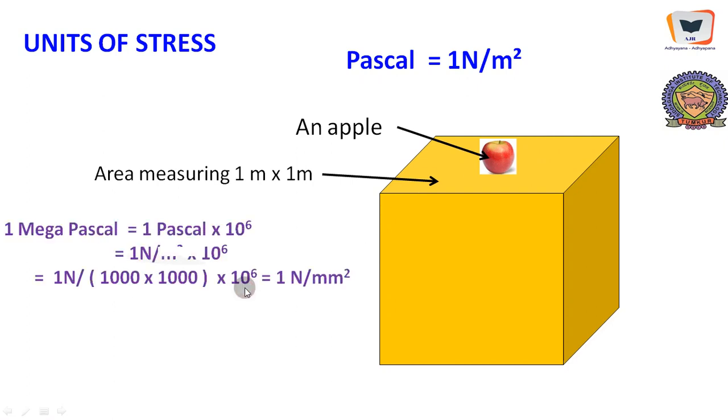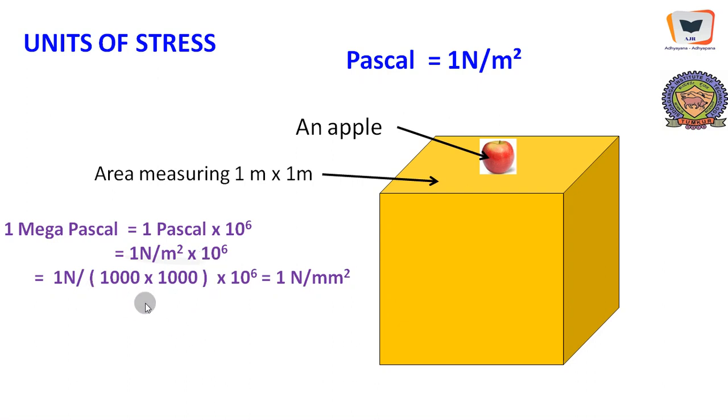Therefore, in order to amplify this particular stress, which is the reality in real world design problems, it is usually expressed as 1 megapascal. 1 megapascal is 1 pascal into 10 to the power of 6. That is 1 Newton per meter square into 10 to the power of 6. And when you convert this meter square into millimeter square, it becomes 1000 into 1000. 10 to the power of 6 will cancel away.